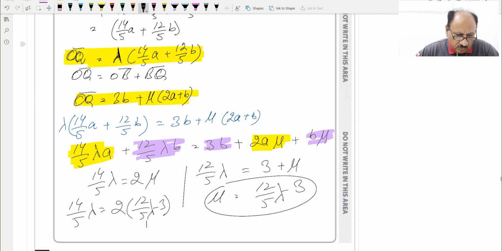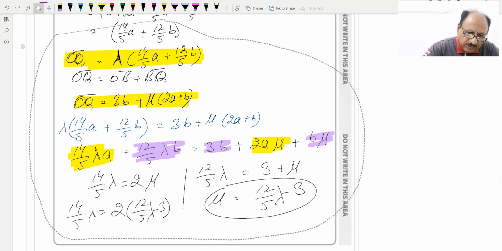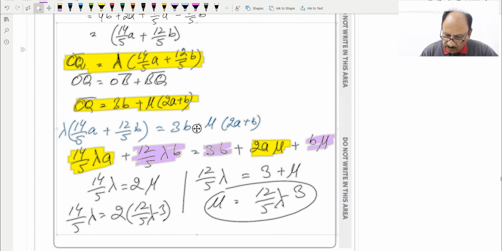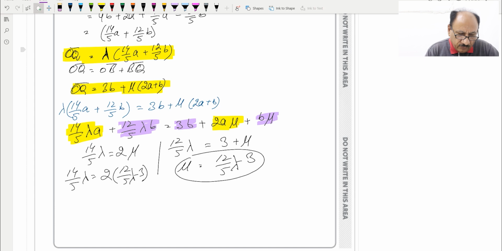I will just reduce to make a little more space for this portion, because two or three steps are remaining. It's not much remaining, so we can reduce this, so up to this one. Okay, it's nice. Now we can simplify. This will be 14 over 5 lambda is equal to 24 over 5 lambda minus 6, and we can multiply the whole equation by 5.